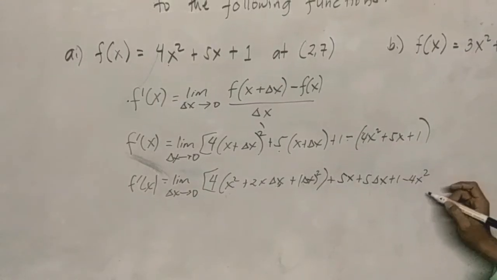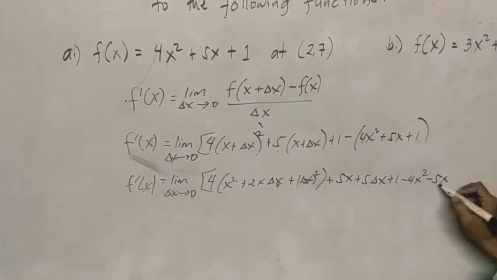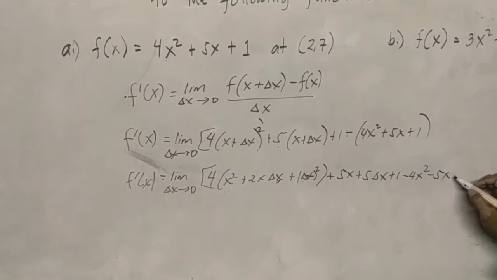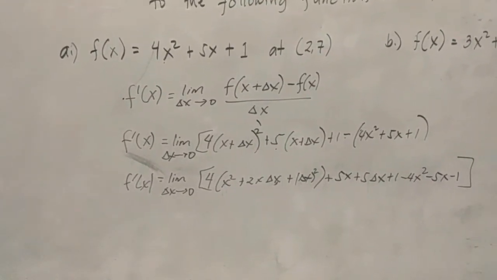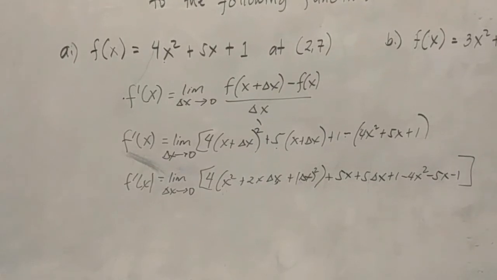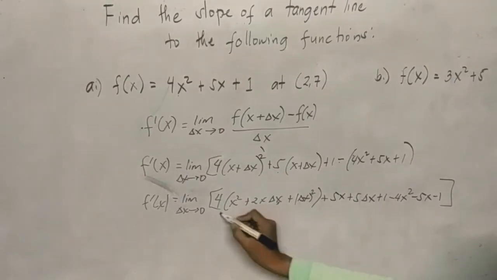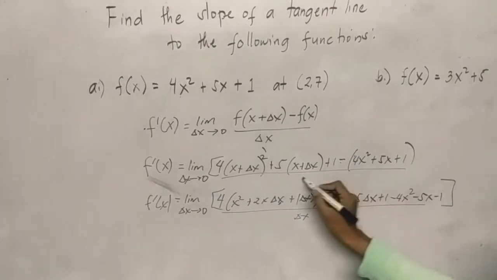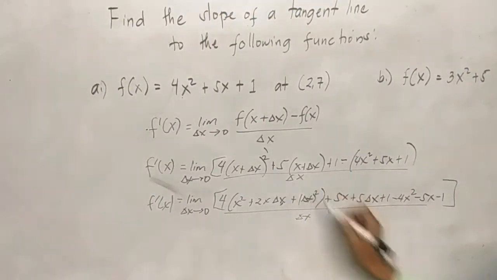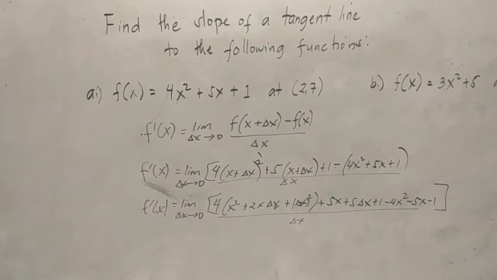Negative times positive 5x, negative 5x. Then negative times positive 1, that's negative 1. Okay? What's the next? By the way, that's all over delta x. So it has an over delta x. Okay, what's next?